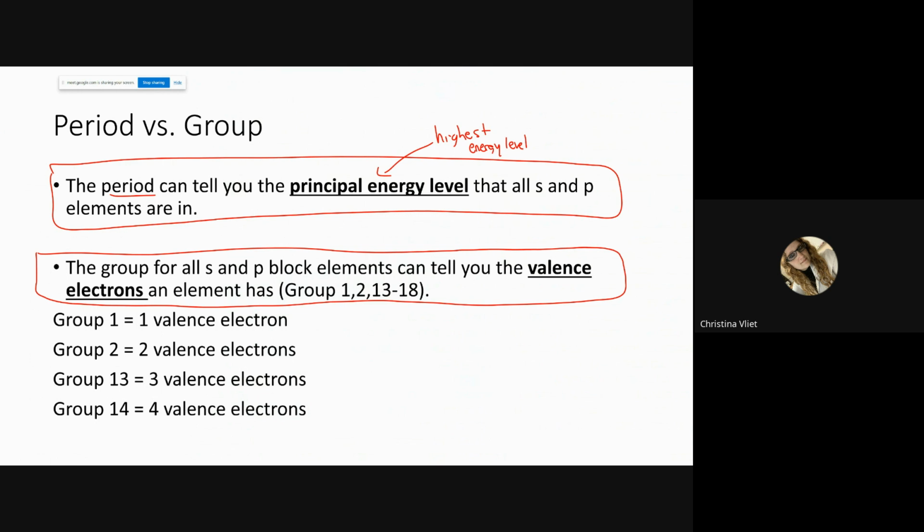So no, only for the S and P elements can you figure out the valence electrons. The S and P blocks, which, thankfully, are 95% of the elements we work with in the class. Most of the time we will be working with elements in groups 1, 2, and 13 through 18. And so those are the simplest elements to work with.